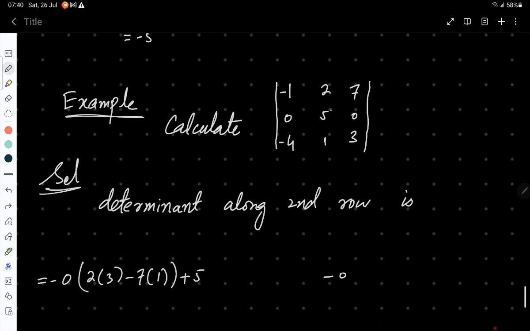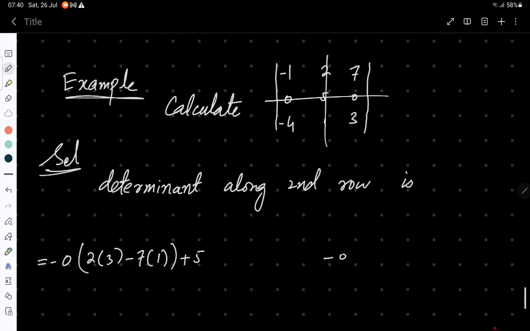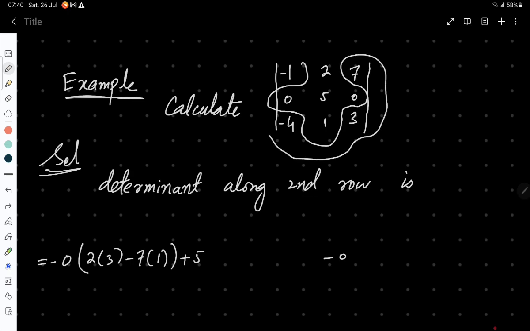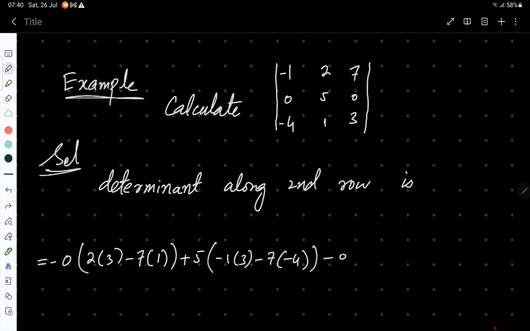For the second term, 5, if I skip this row and this column, I will end up with the matrix formed by these numbers. You can check. If I write the determinant of this matrix, which is -1 times 3, I mean this minus this, so if I write these terms, I will get this.